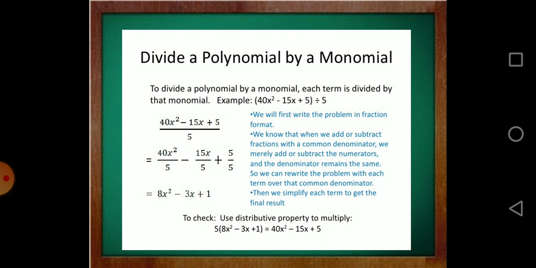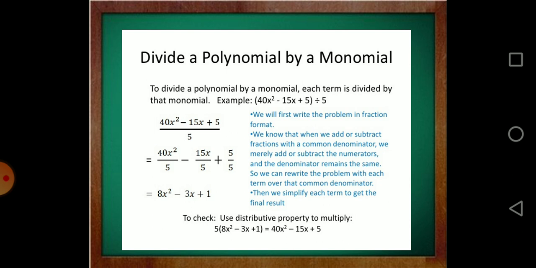From our lower classes, when we perform division, we check by doing this. That is, dividend is equal to divisor into quotient plus remainder. Here, when you are dividing it directly, it means there is no remainder. So, divisor into quotient must give you the dividend. 5 is the divisor. 8x square minus 3x plus 1 is the quotient.